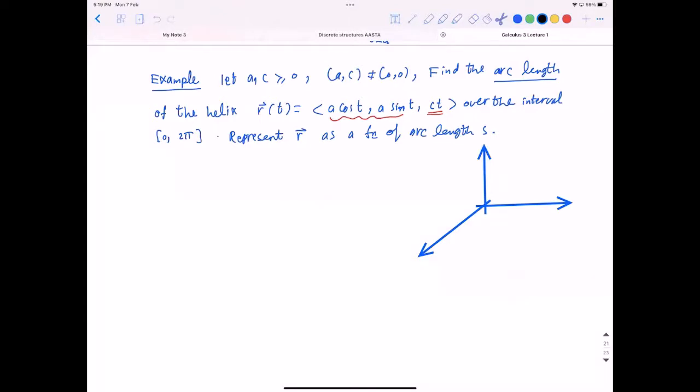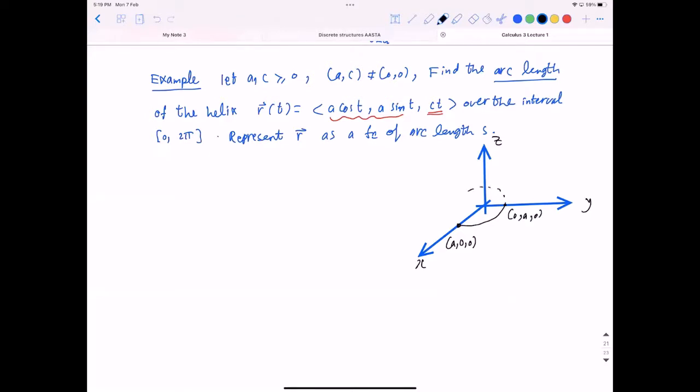So what we have here, this is X, Y, and Z. When T is 0, A cosine 0 is A, so it begins here. A, 0, 0, and goes like this, 0, A, 0, and so on.